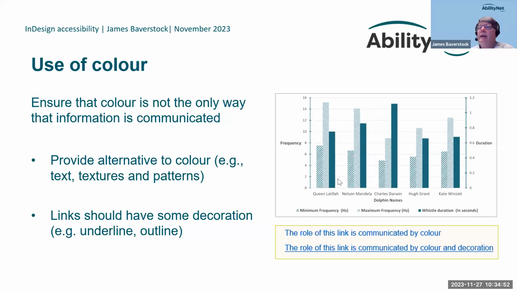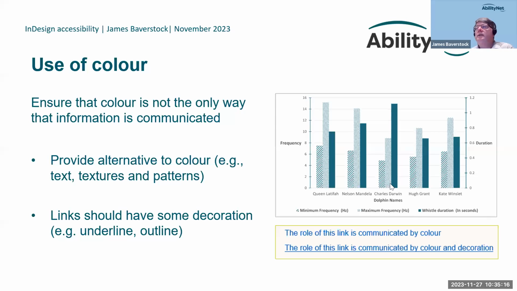So, for example, here we have a graph from the document we're looking at, and we've got the bars in this chart. We're not just using color to distinguish between them. We're additionally using a different pattern for each of the items, like minimum frequency, maximum frequency, and so on.